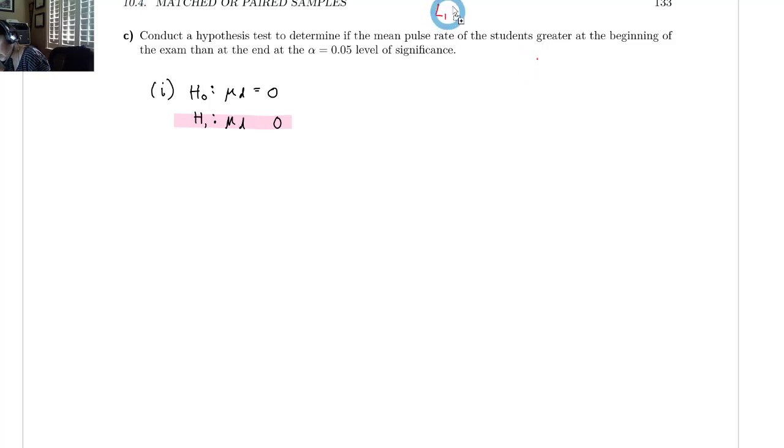If we're saying list 1 is before, list 2 is after, and the student's heart rate is greater at the beginning than at the end, which is list 2, then we're saying that mu sub 1 was greater at the beginning than the heart rates after, which is mu sub 2.